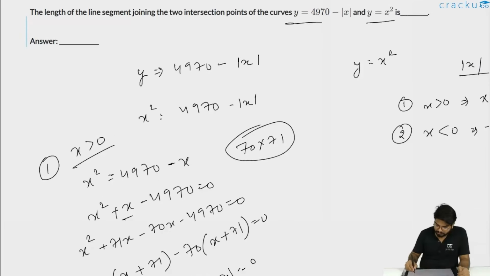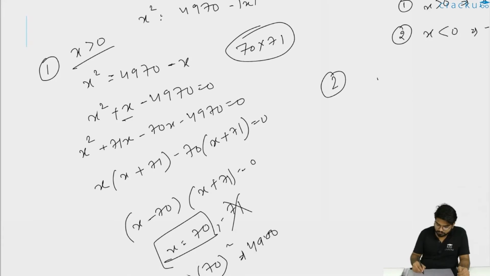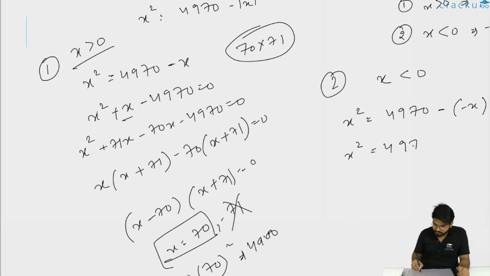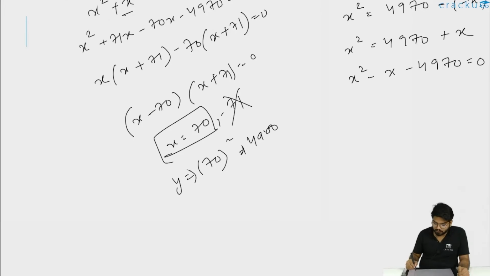Second case, when x is less than 0. If x is less than 0, then we will have x square is equal to 4970 minus modulus x, and modulus x will be negative x, so minus of minus x. This will be x square is equal to 4970 plus x. Or we can write x square minus x minus 4970 is equal to 0. Now again, 4970 is a multiple of 70 and 71.